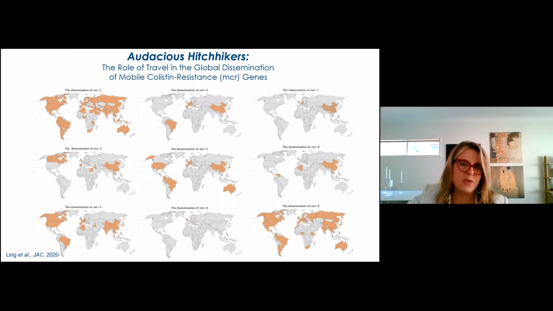The identification of the first mobile colistin resistance, or MCR, gene, variant 1, MCR-1, in 2015 triggered a rush of MCR screening reports. Subsequently, 9 other MCR family genes and their variants have been described. In these slides, we can see that the first variant, MCR-1, has spread mainly via people traveling in most of the world, and the other variants are slowly colonizing the world due to people movement.